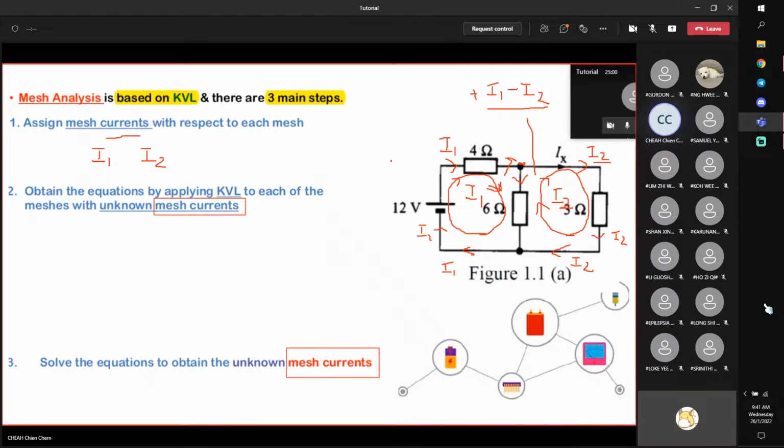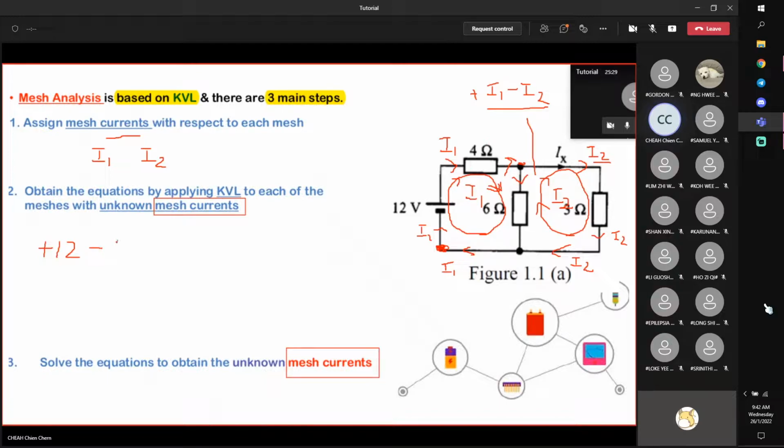We obtain the 2 equations by applying Kirchhoff voltage law at each of the meshes with the unknown mesh current, right? That means this loop and this loop. Okay, I'll just show you one. If I start from this point and I move around this loop, following this clockwise direction, then from here to here, there's an increase in voltage of 12 volts. Okay, and from here to here, this is a passive component.